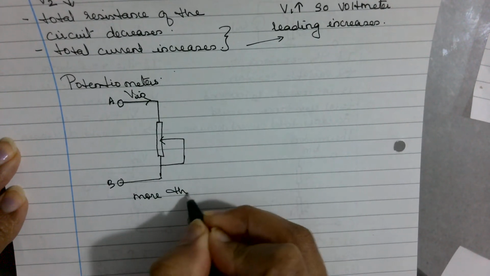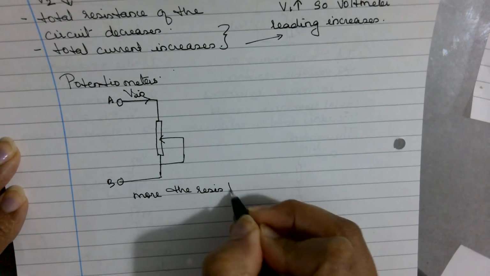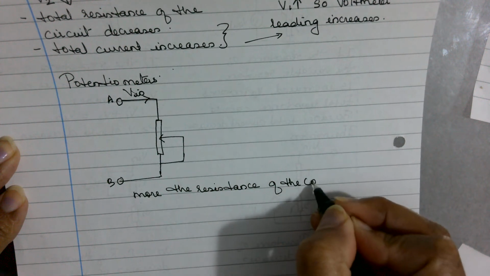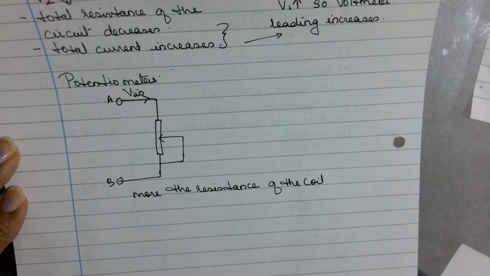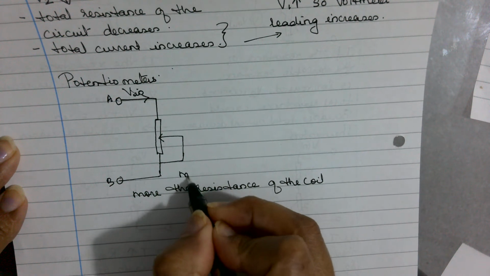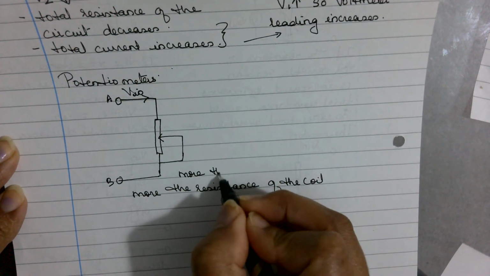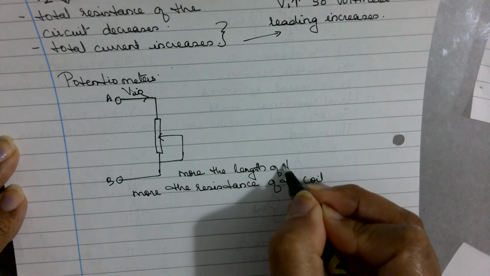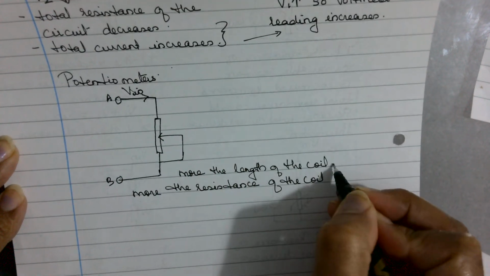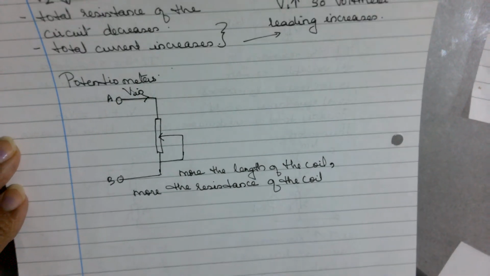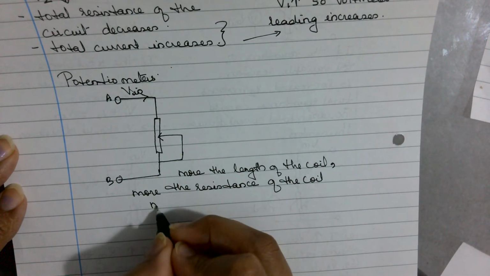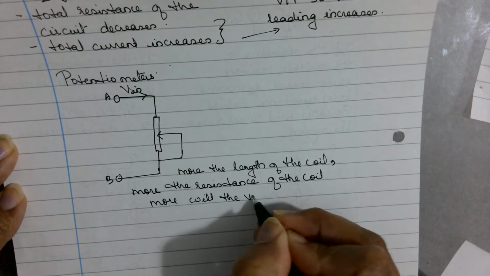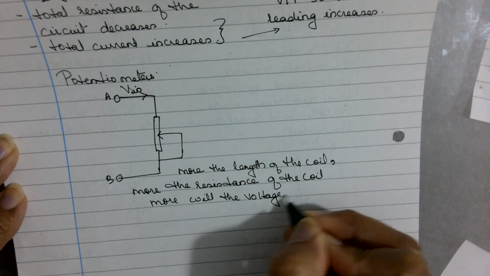More the resistance of the coil, and when will they have more resistance of the coil? More the length of the coil, more the resistance of the coil. And more the resistance of the coil, more will be the voltage, or PD.